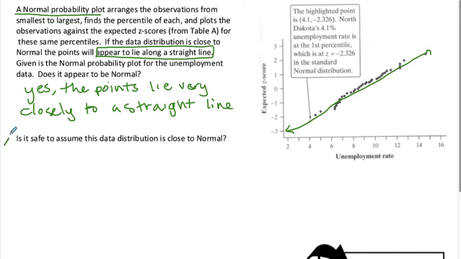And so in the end, when we have very close to the 68, 95, 99.7 rule, we have a linear normal plot here. Is it safe to assume that this distribution is close to normal? Yes. And so we can confirm that because the histogram looks fairly normal. So here's kind of what we checked.